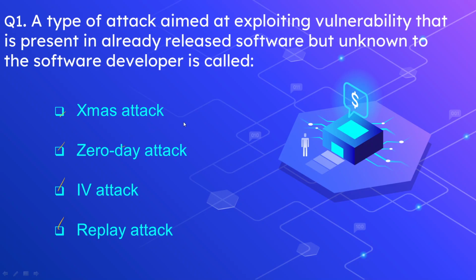And the correct option is, most of you must already know the answer, zero-day attack. So the zero-day attack is the attack that is unknown in the community or to the developers but is already present in the software and is exploited by the attackers.